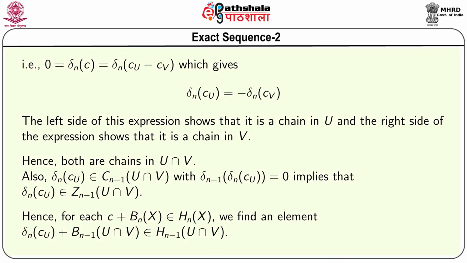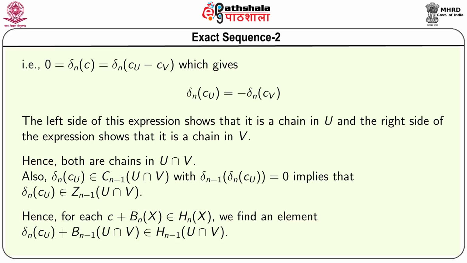So, ∂_n(c), which is equal to 0, is equal to ∂_n(c_u) + ∂_n(c_v), which gives ∂_n(c_u) is equal to -∂_n(c_v).